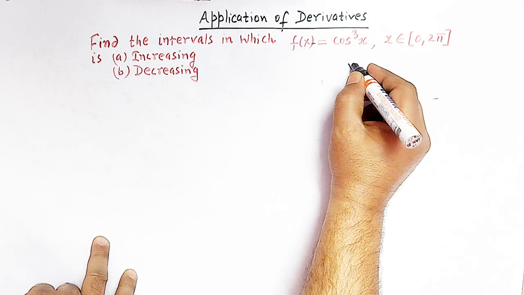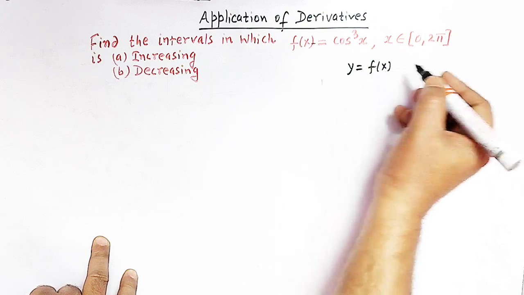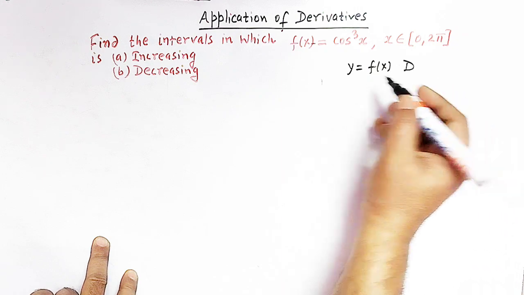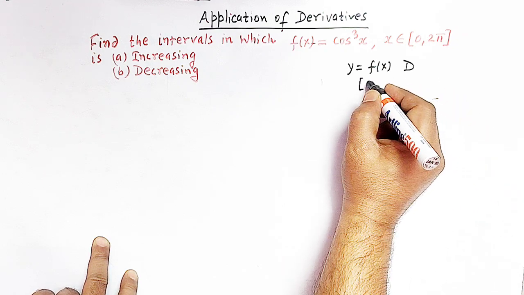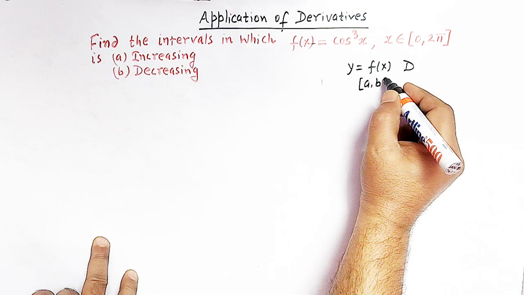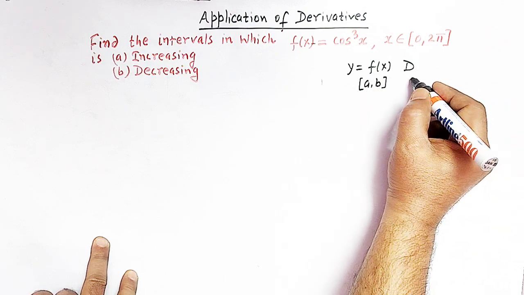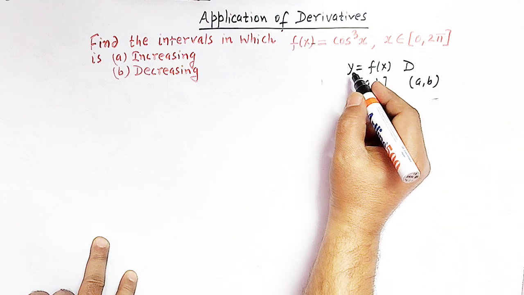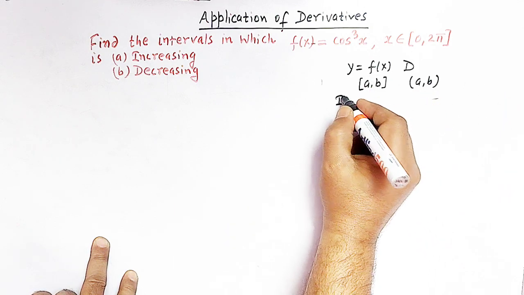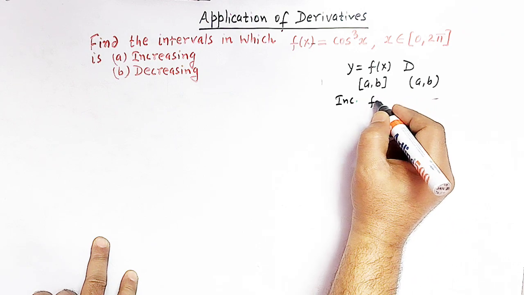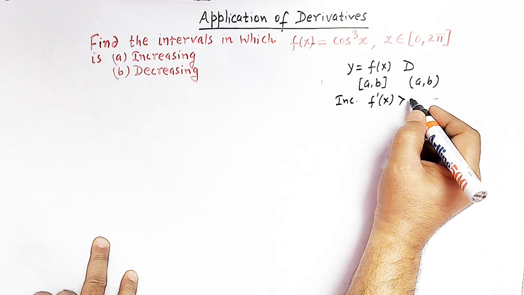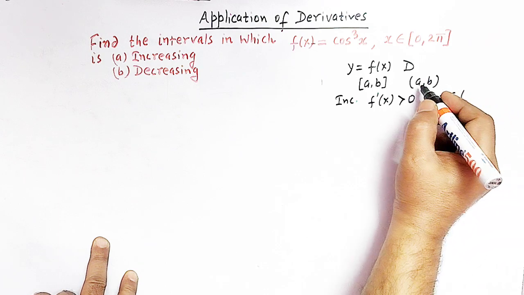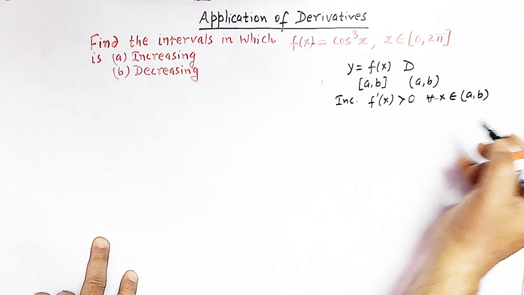Suppose we have a function, say y is equal to f of x, which is defined in some domain D, right? And if this function f of x is continuous in some interval, say a comma b, and it is derivable in the open interval a comma b, then this function is said to be an increasing function if the derivative, that is f prime of x, is greater than 0 for all x belonging to this interval a comma b.